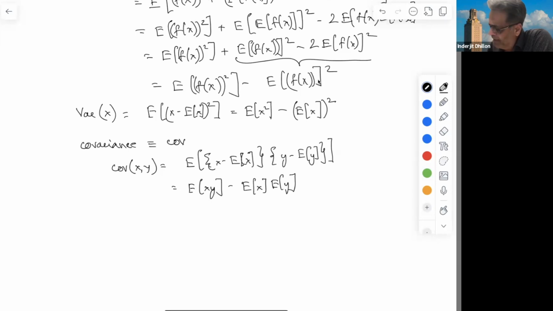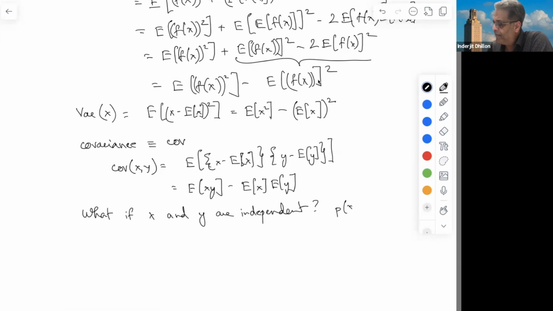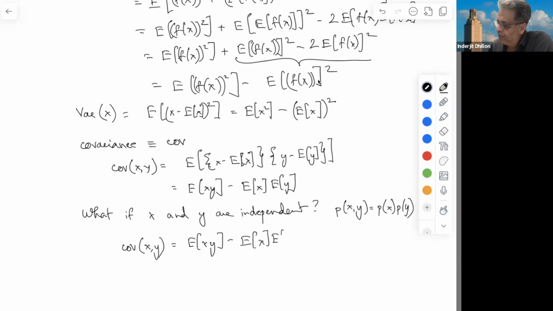Now, we talked a little bit about independent random variables. So what if x and y are independent? If that's the case, then I have p of x comma y equal to p(x) times p(y). So if I have the covariance of x comma y, remember it is expectation of xy minus expectation of x times expectation of y.